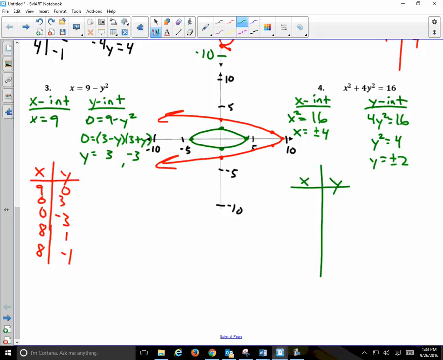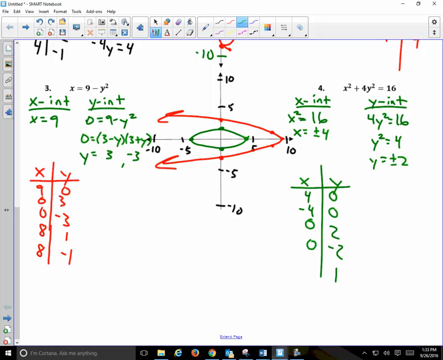So you can see from your table that if you have x values of 4 or negative 4, the y value is 0. If you have y values of 2 or negative 2, the x values were 0. You tell me, we want to find one more point. What would you like to plug in? Something for x or something for y? I like to plug in 1 for y.